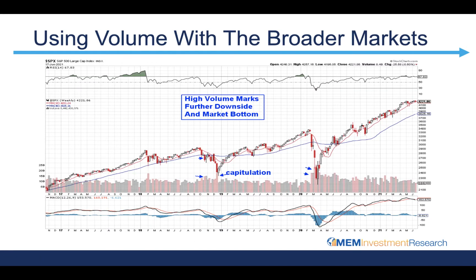So let's take a look, because you can also use these volume characteristics together when you are looking at the broader markets. So I did want to point out to you, going back here, this is a weekly price chart.